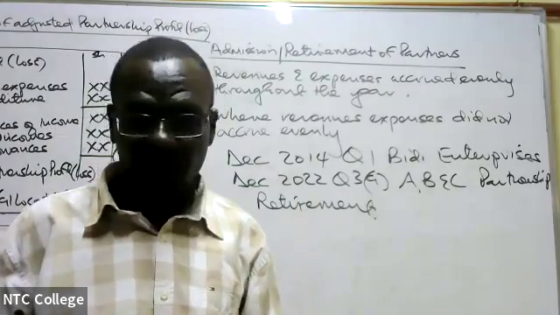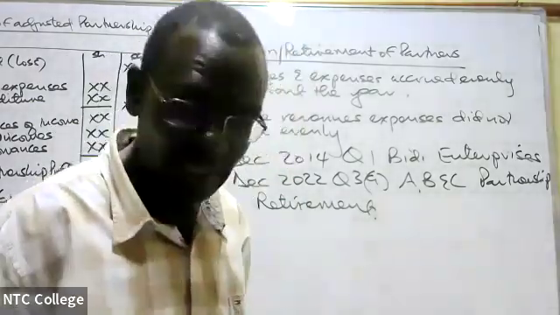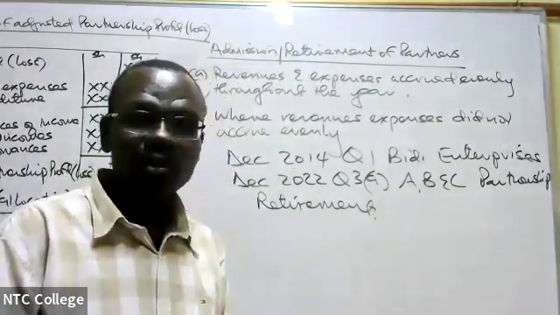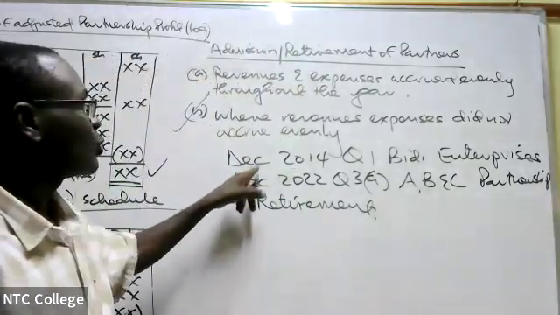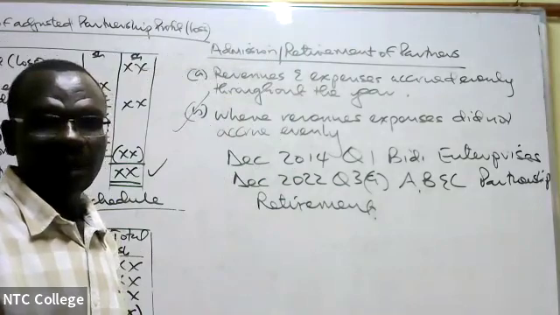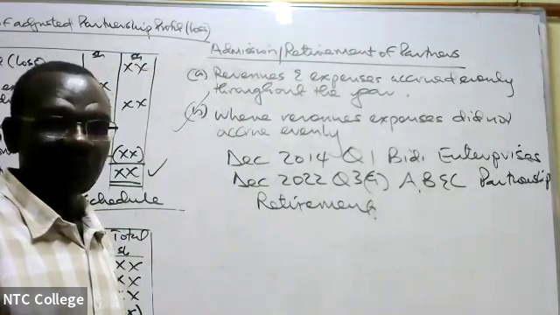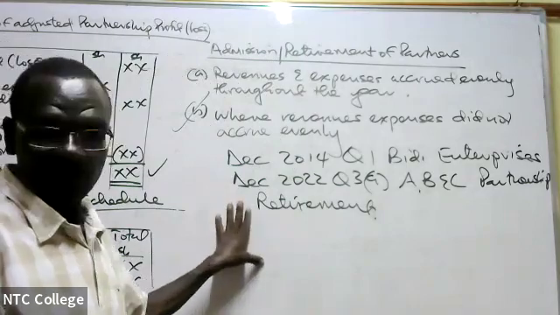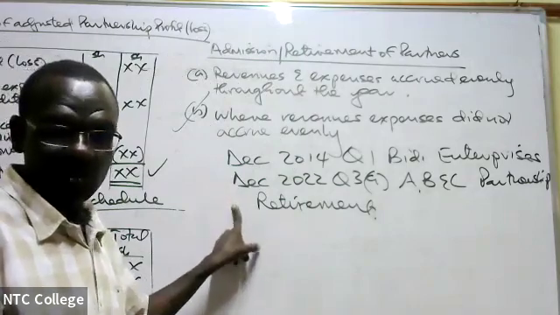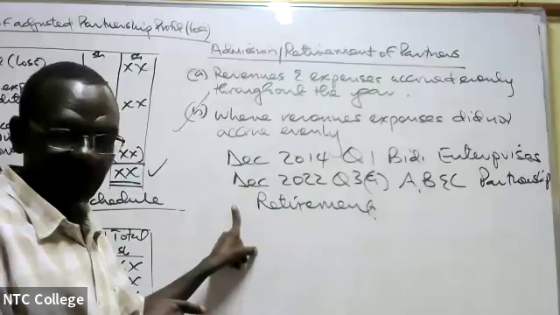Let me check if the question I had sent last semester is still available so that I can forward to you this one. Otherwise, it will be a bit of a challenge. Alternatively, I could start with this other question because this one you can get.